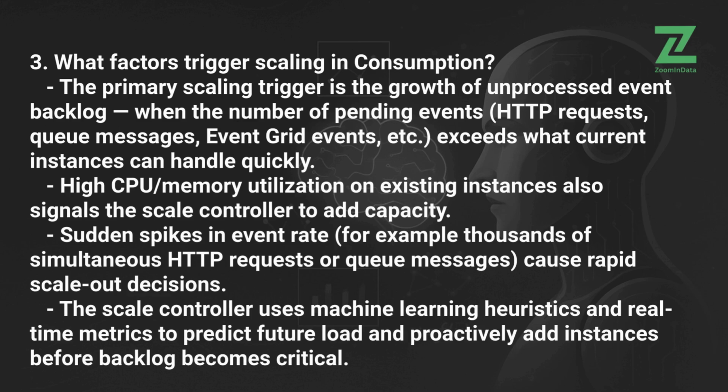Sudden spikes in event rate, for example thousands of simultaneous HTTP requests or queue messages, cause rapid scale-out decisions. The scale controller uses machine learning heuristics and real-time metrics to predict future load and proactively add instances before backlog becomes critical.